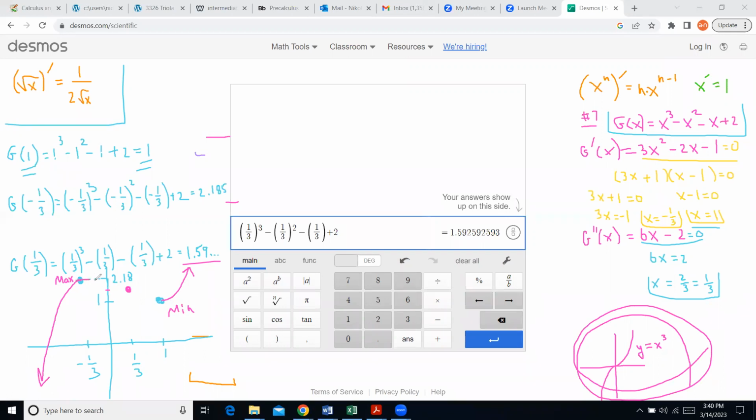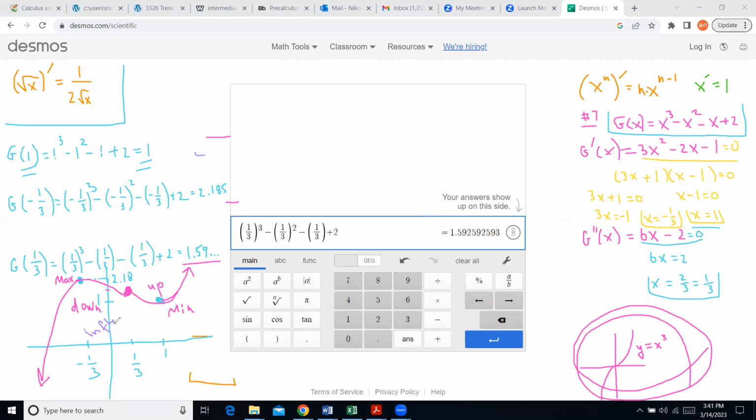And the answer is this point is where we're going to change the way the function looks. So instead of the function resembling the parabola that opens down, now it will resemble the parabola that opens up. And that's why we call this point a so-called inflection point. The function inflects there.